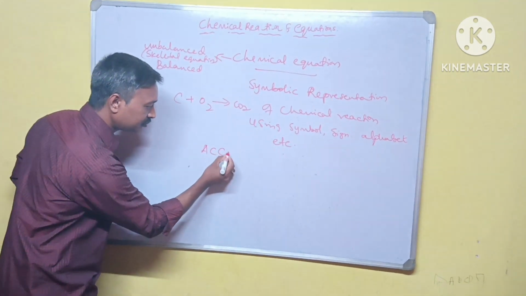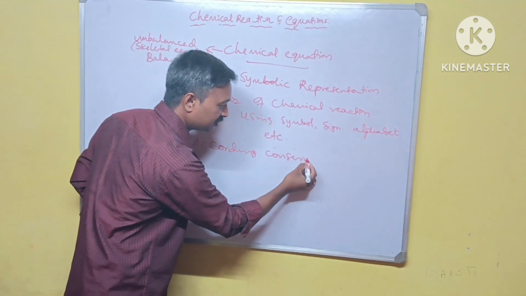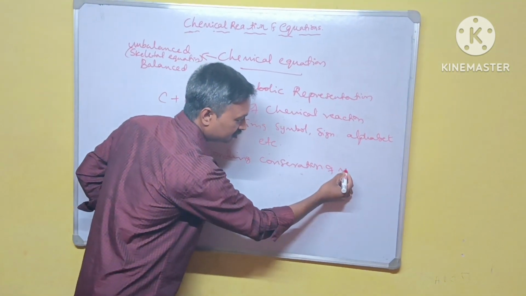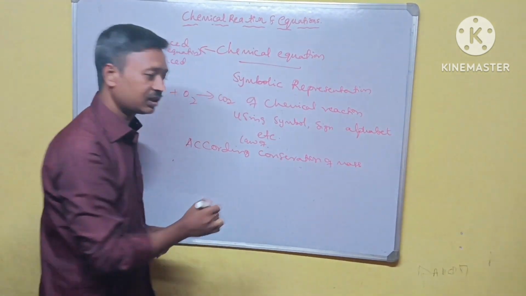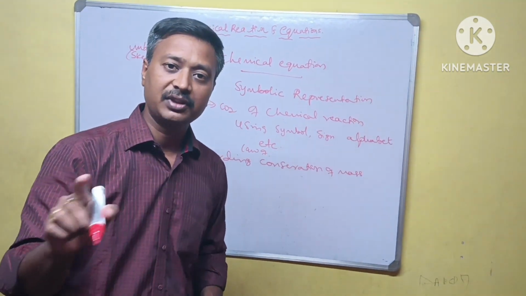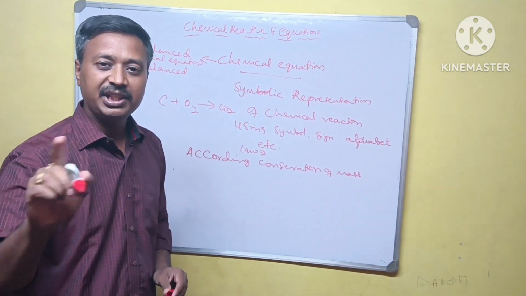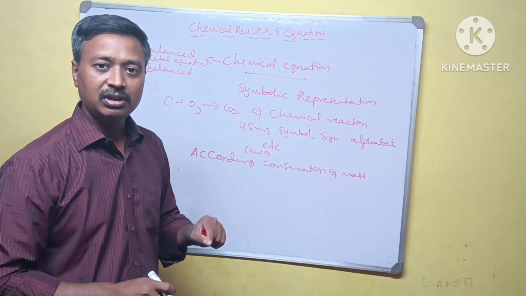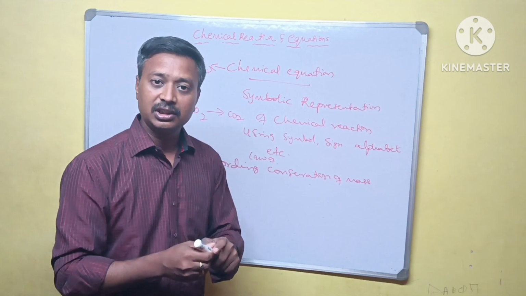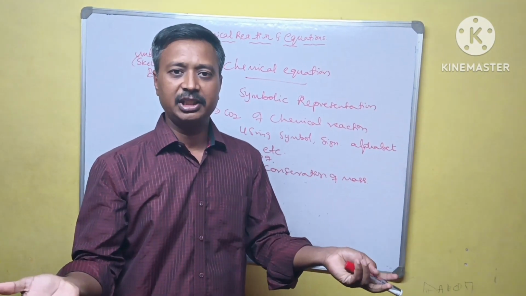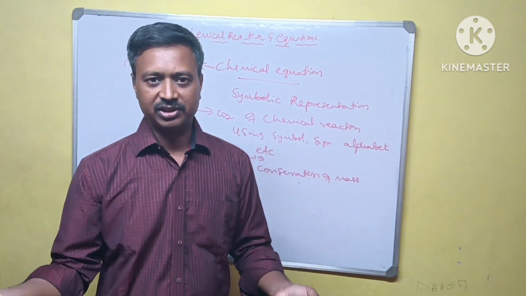According to the law of conservation of mass, mass can neither be created nor destroyed, but it can be converted from one form to another. If we distribute 1 liter of water, it may be half a liter, or a quarter, or 75%.